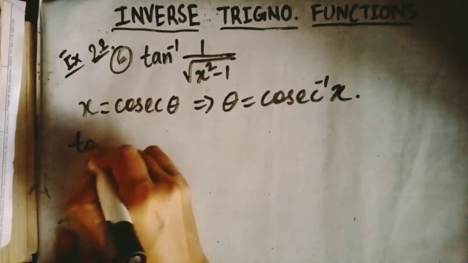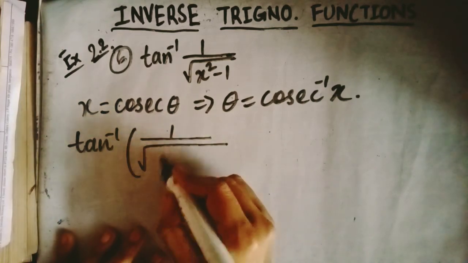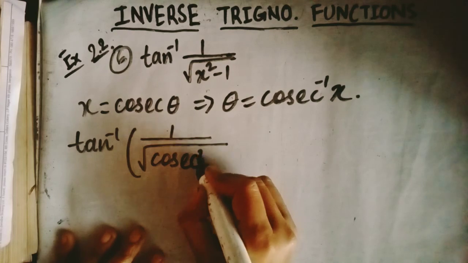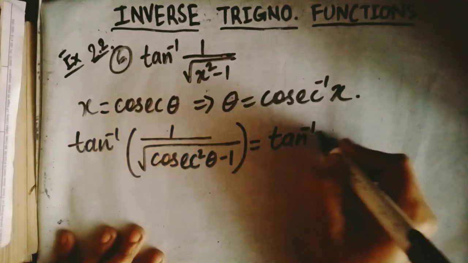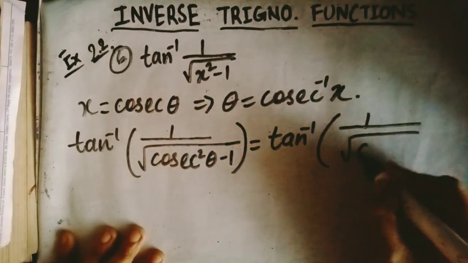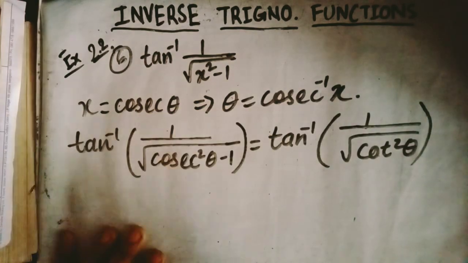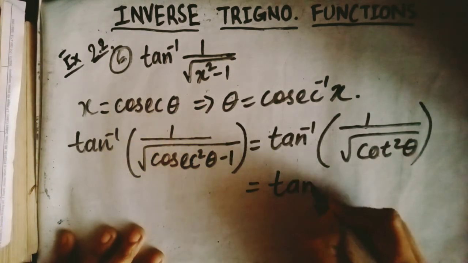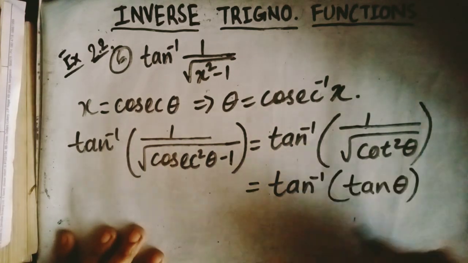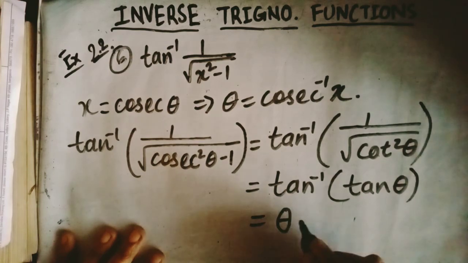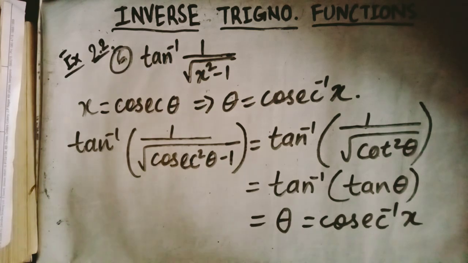So tan inverse of 1 upon root of cosec square theta minus 1, which is cot square theta, and the square and root get cancelled, so you will get tan inverse of 1 upon cot, which is nothing but tan of theta. So tan inverse tan of theta is theta, which is cosec inverse of x. This is the answer.